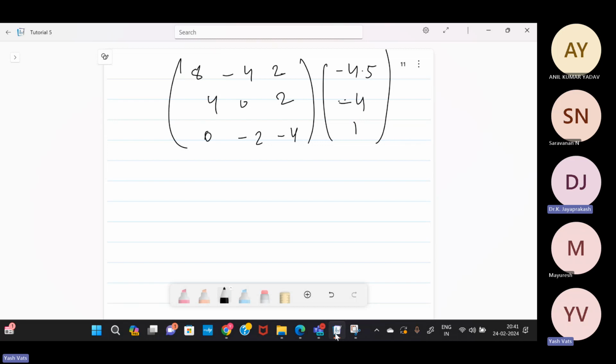What is the value of this? This is 8 times minus 4.5, minus 16, minus 2.